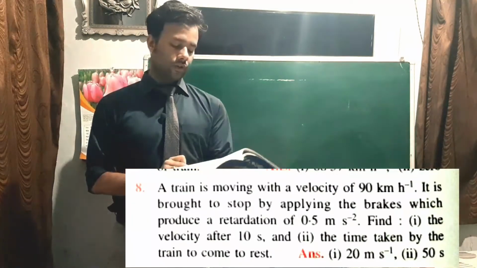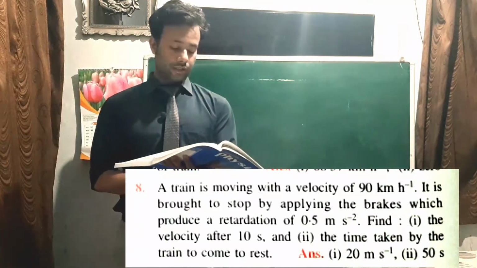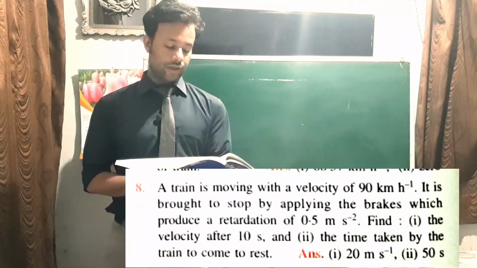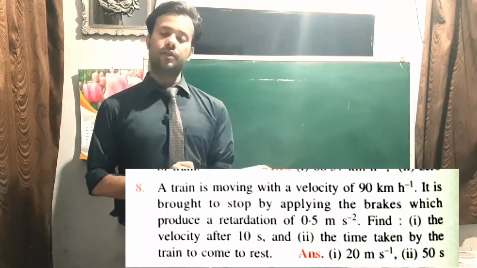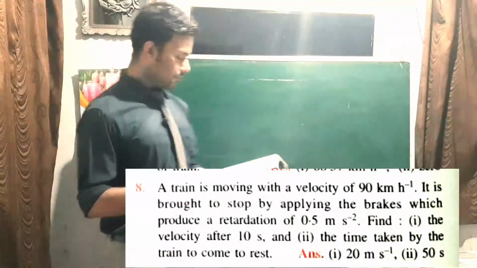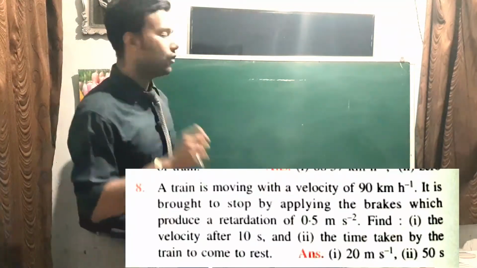Say a train is moving with velocity of 90 km per hour. It is brought to stop by applying the brakes, which produces a retardation of 0.5 meter per second square. All right, let's first write the given values. So the train is moving with velocity 90 km per hour. So it is the initial velocity.